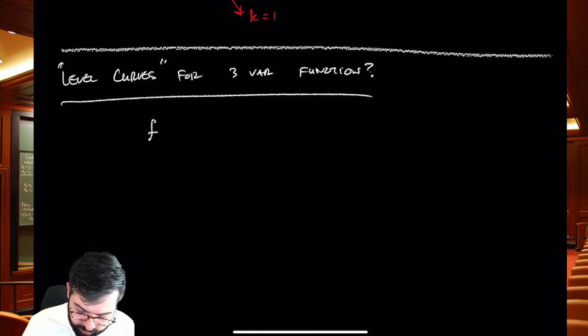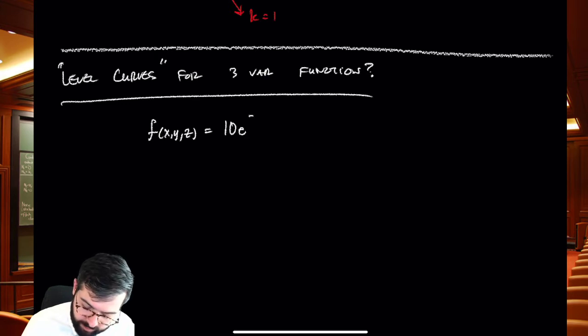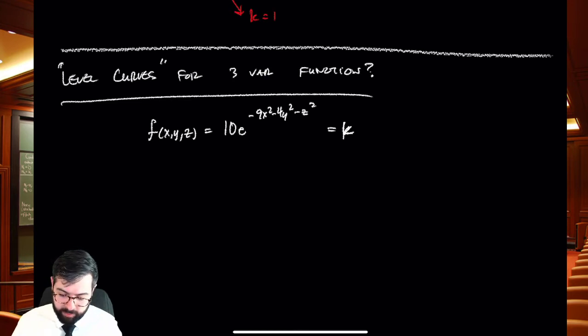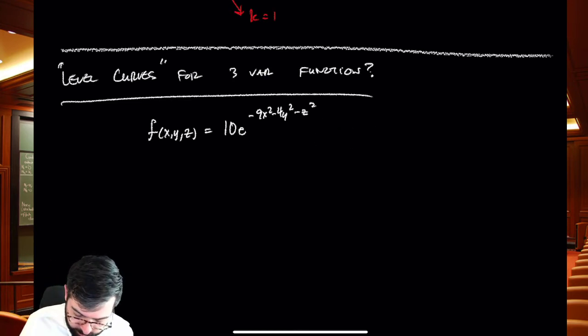So let's say I give you a function of x, y, z, so 3-variable input, 10e to the minus 9x squared minus 4y squared minus z squared. Well, let me not write this equal to k. Set equal to k. And what do we get?